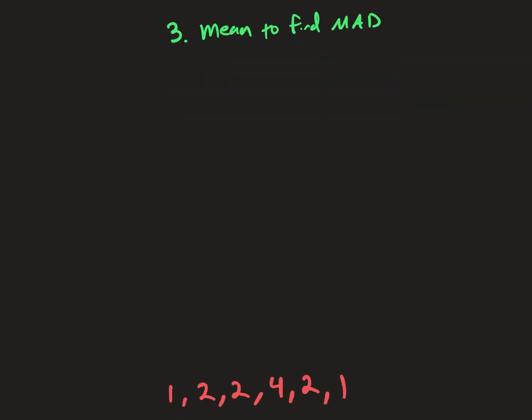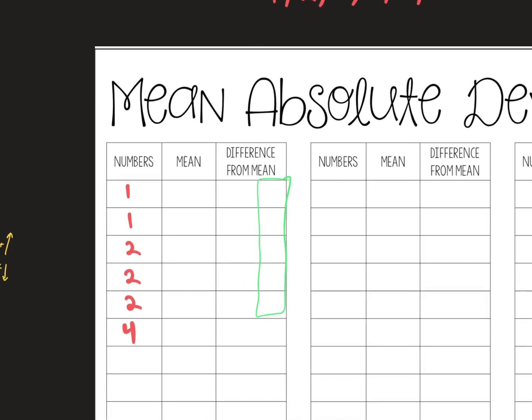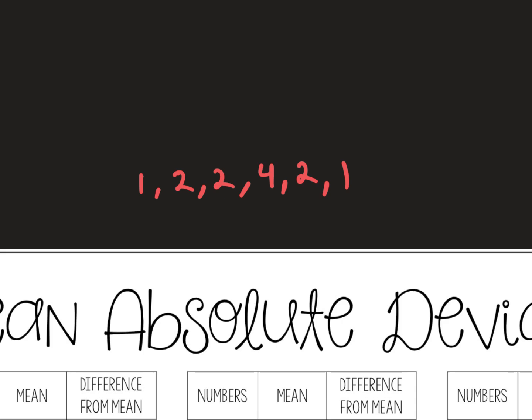So down below, I have our data set: 1, 2, 2, 4, 2, 1. And first off, I want to put everything nice and neatly in our chart below. So what I need to do is add these all up to find the mean. So I go 1 plus 2, I add these all up.